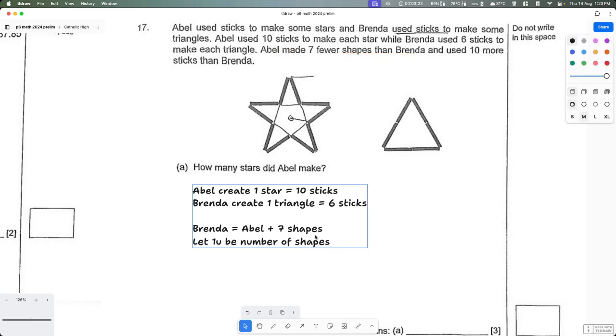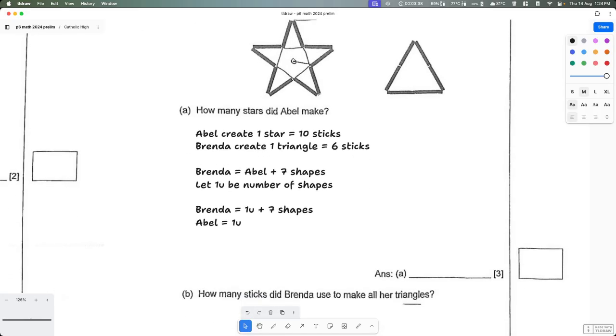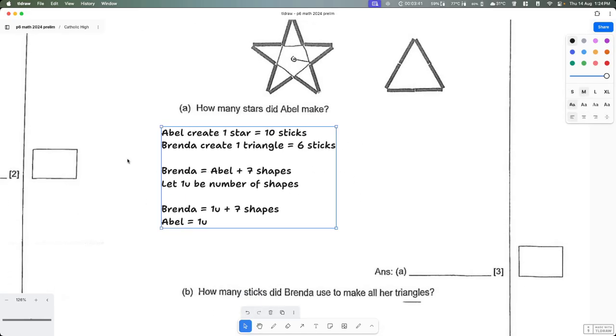So Brenda is equal to 1 unit plus 7 shapes, and Abel is equal to 1 unit. This is just the shapes itself.